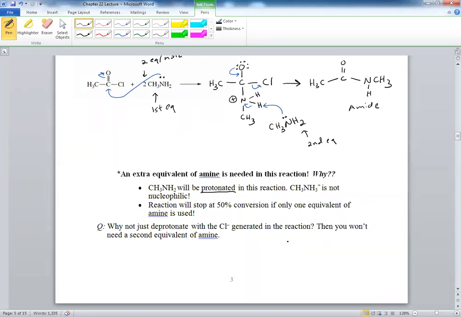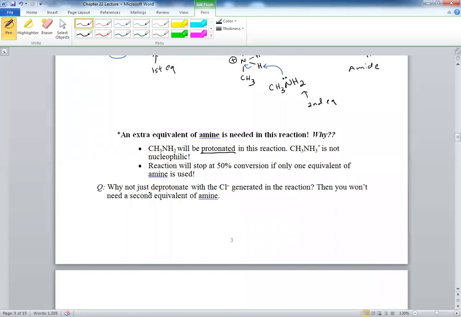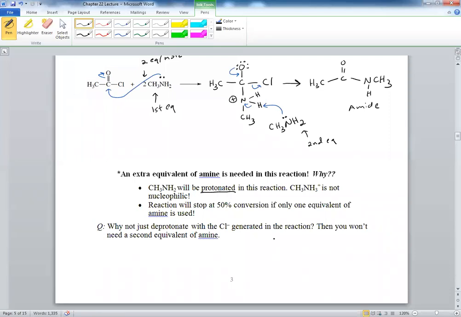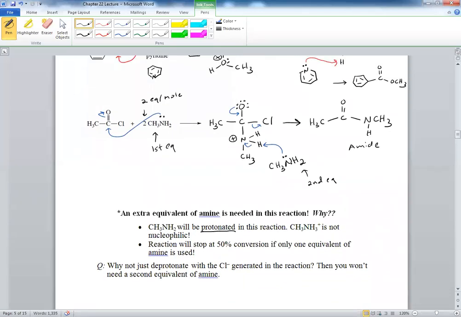That's the key here. So then another question would be, why not just deprotonate with the Cl minus generated in this reaction? So again, we add, and then we're going to again deprotonate using it. You're going to form more of the protonated, and let me draw this here.